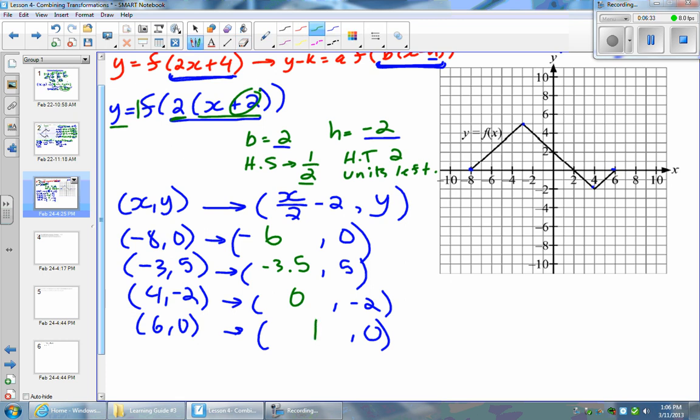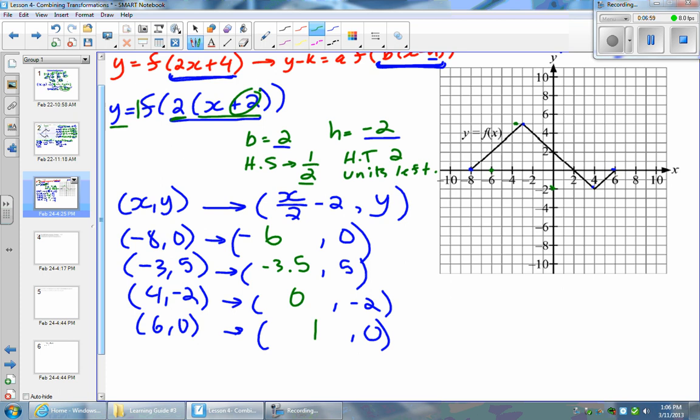Last step obviously is to graph them and join them. So negative 6 comma 0 is right there. Negative 3.5, I'm just going to be really careful here, so negative 3.5, 5 right there. And 0, negative 2 right there.